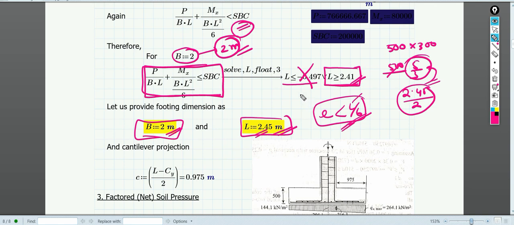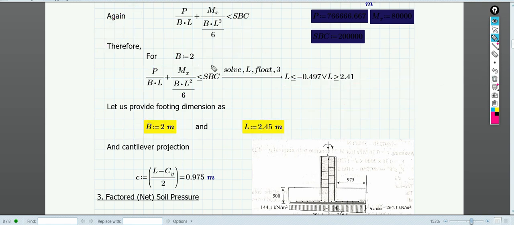While you are solving problems, you might assume something else also. So this is one criteria for how you can choose B or L. This depends on how you choose. This assumption of the dimension also depends on some site factors. Site factors means, suppose you have your building just at the edge, suppose this footing is just at the edge of the boundary of the plot where you are constructing.